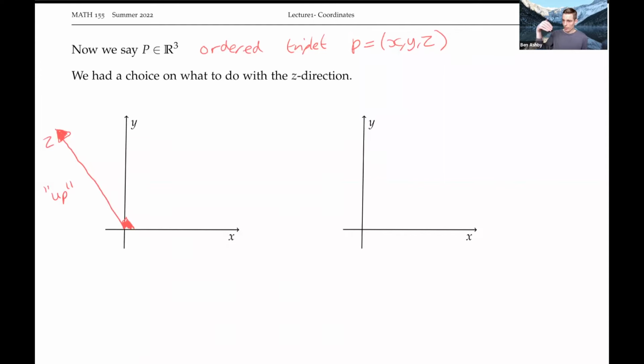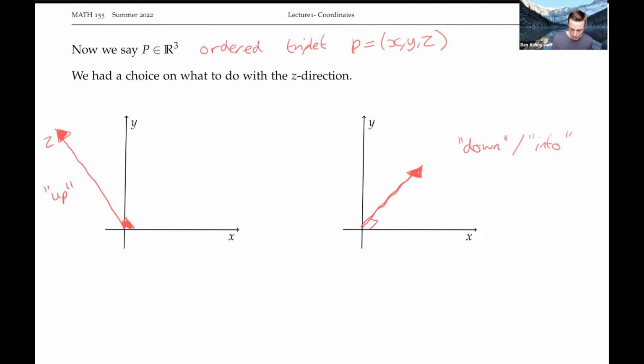Alternatively, we could have oriented our z-axis as going down, so going through the table. These are obviously very difficult to draw in 2 dimensions, but if you imagine now, instead of coming up, that's going down or into the page.